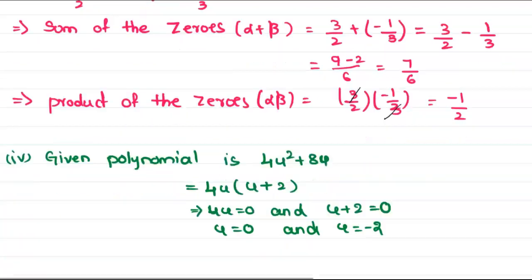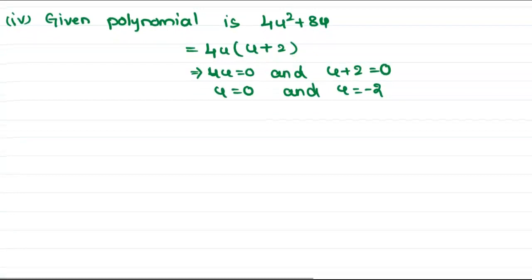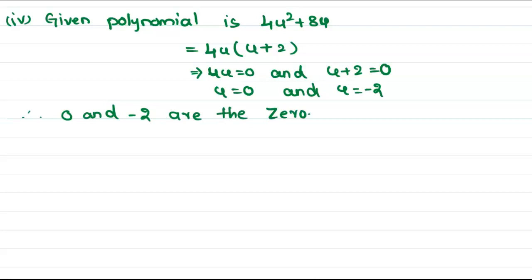For this we have to find out the zeros, that is 0 and minus 2 are the zeros of the given polynomial. So let us assume that alpha is equal to 0 and beta is equal to minus 2 are the two zeros of the given polynomial.